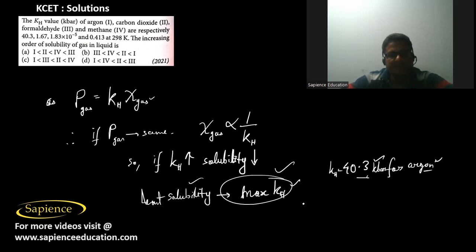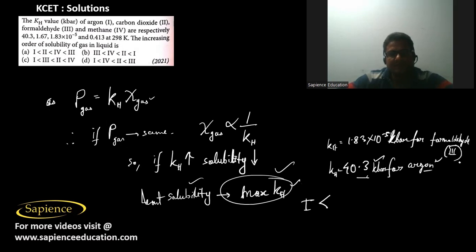So argon is the least soluble. If KH is least, then it has maximum solubility. KH value is 1.83 into 10 power minus 5 kilobar for formaldehyde, the third one. So for the third one, the solubility will be the highest.